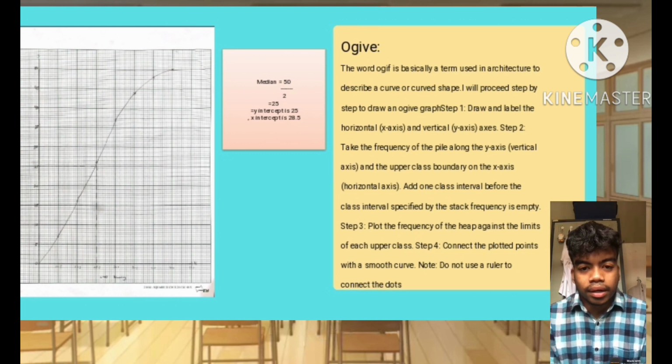Because the y line is vertical with the x line, it will go down to know what the class boundary is.